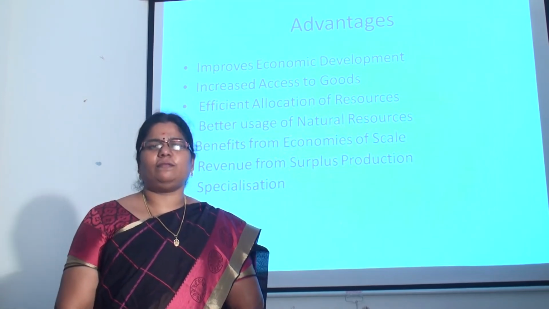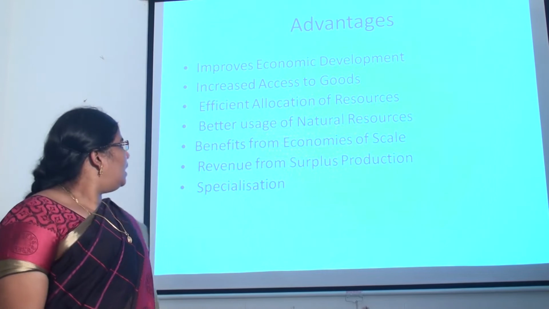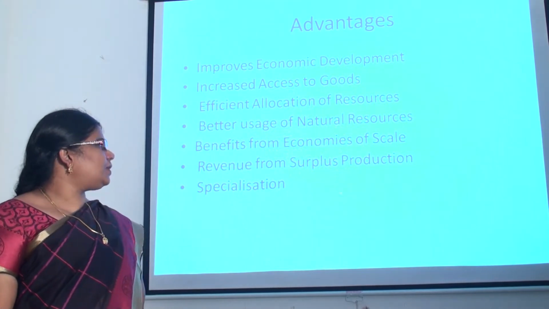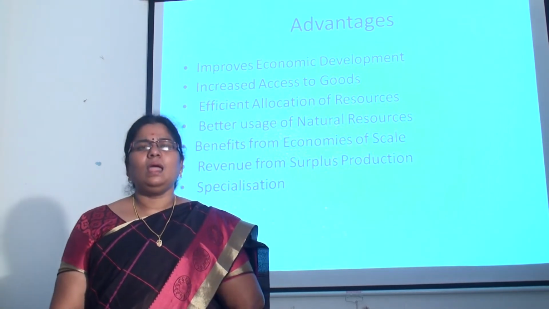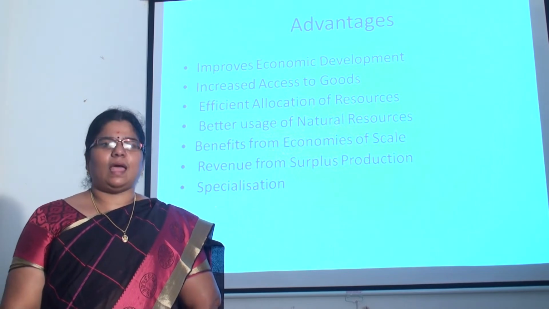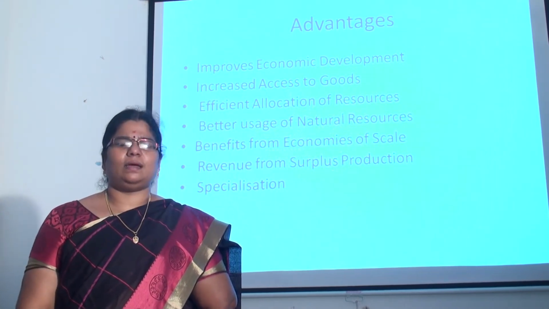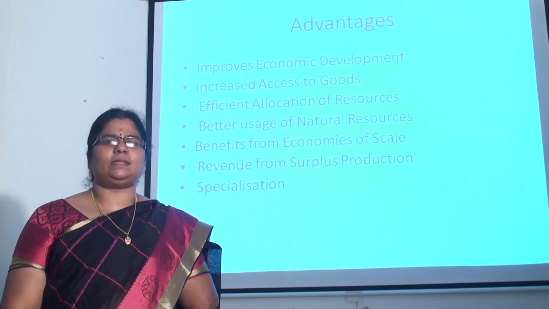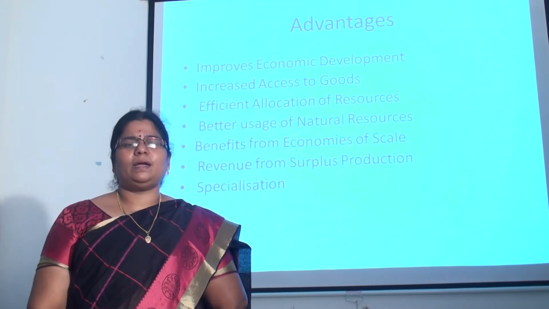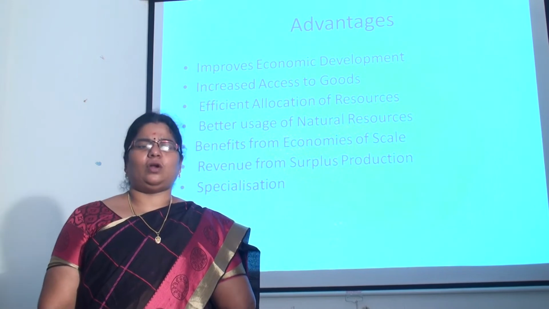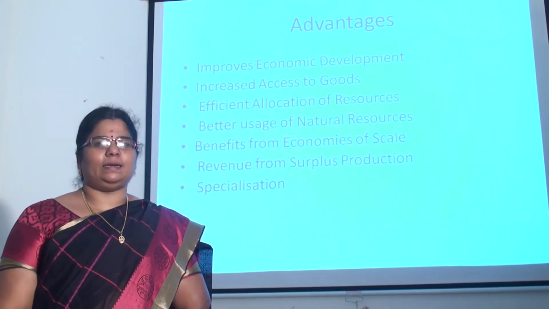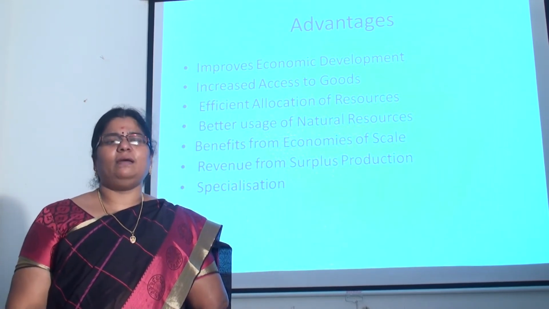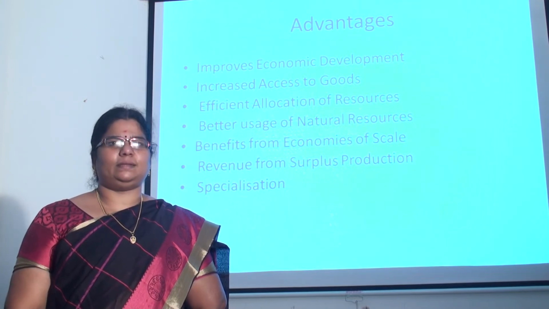Next advantage is better usage of natural resources. Underdeveloped countries have a lot of natural resources and raw materials. They export their raw materials to the developed countries and import the finished goods from the developed countries.